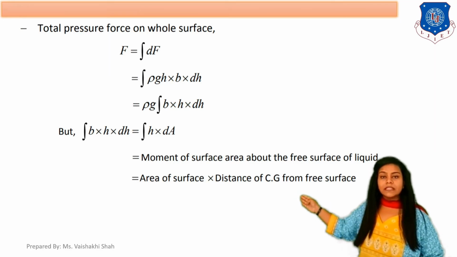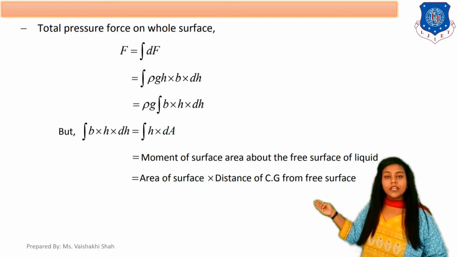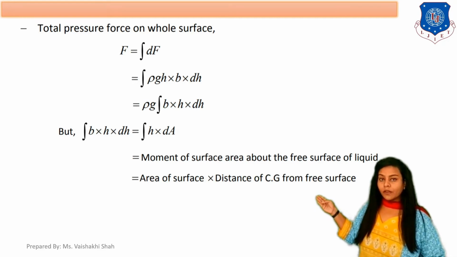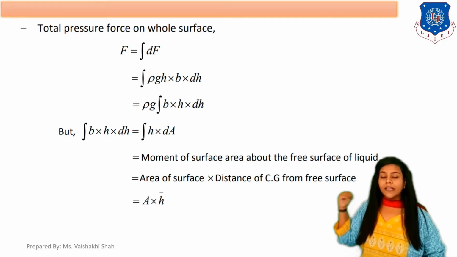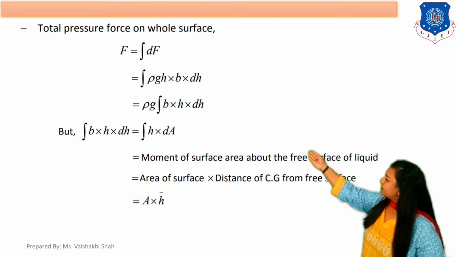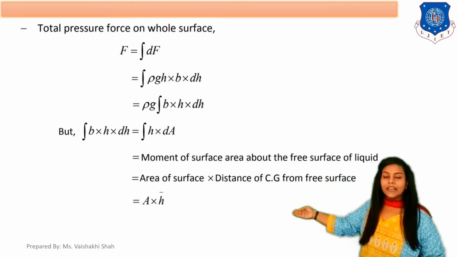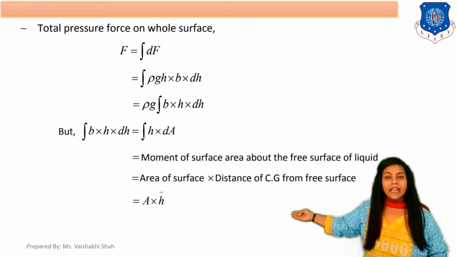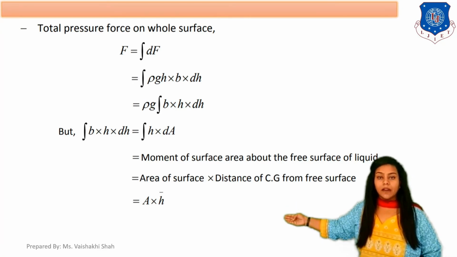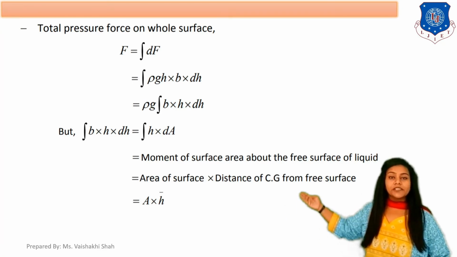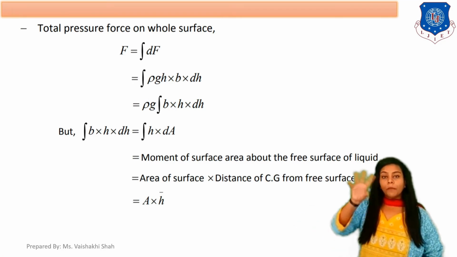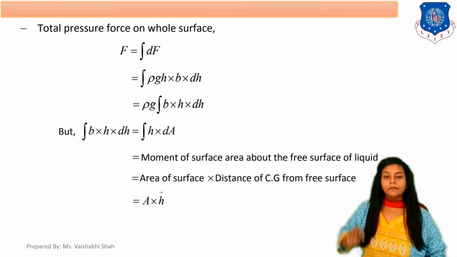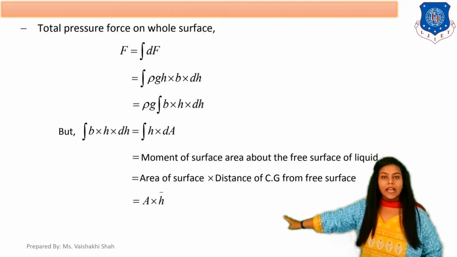Area of the surface into the distance of the CG from the free surface. So here you can replace integration of h into dA by A into h bar. Remember this step: integration of h into dA, that is the moment about the free surface, can be replaced by A into h bar.